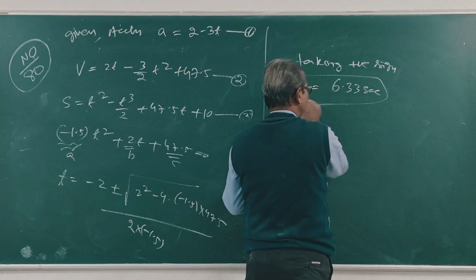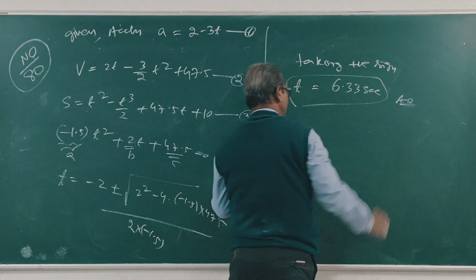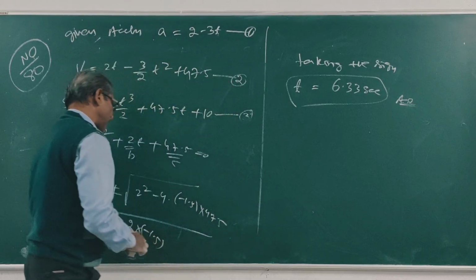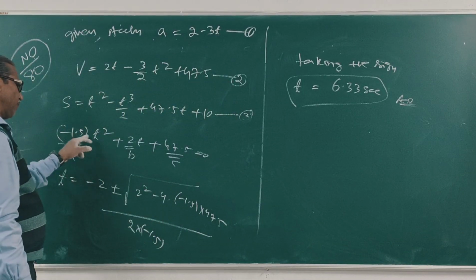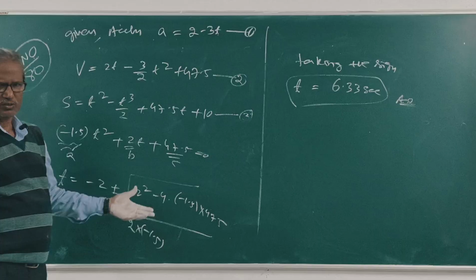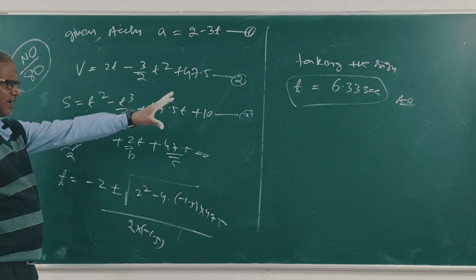Answer. Or you can take the minus sign common: 1.5 t square minus 2t minus 47.5, and you can get the answer 6.33 second.